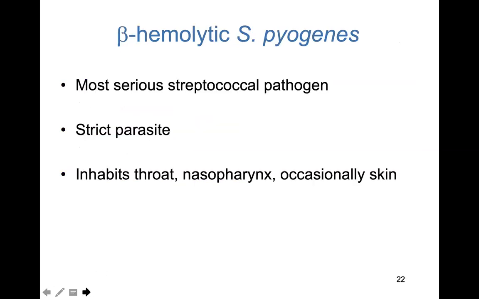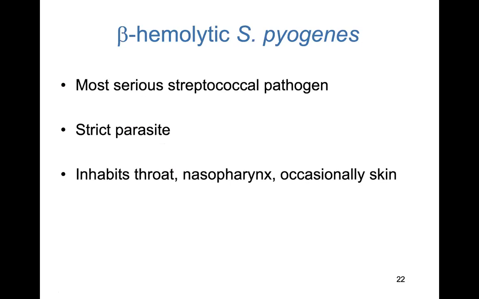So beta-hemolytic strep. We've all heard of it, somebody has a sore throat, and we say, well, is it beta-hemolytic strep? It's the most serious streptococcal pathogen. Right? It's a strict parasite. All right, so that means this thing literally can't really live on surfaces. It has to go from host to host.